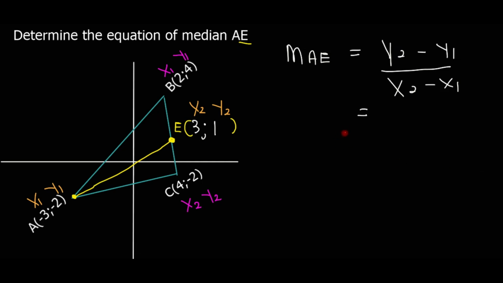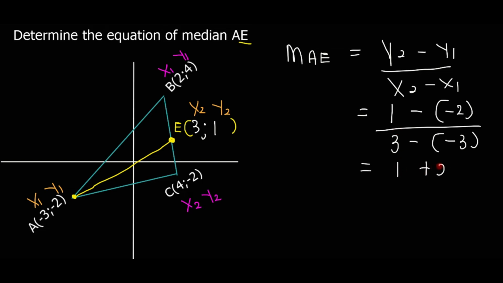Now I can substitute: y2 is 1, minus y1, which is negative 2, and x2 is 3, and x1 is minus 3. So this is the same as 1 plus 2, because minus and minus gives plus, and 3 plus 3. So 1 plus 2 is 3, and 3 plus 3 is 6. So the gradient of line AE is a half. So we have the gradient, which is 1 over 2.